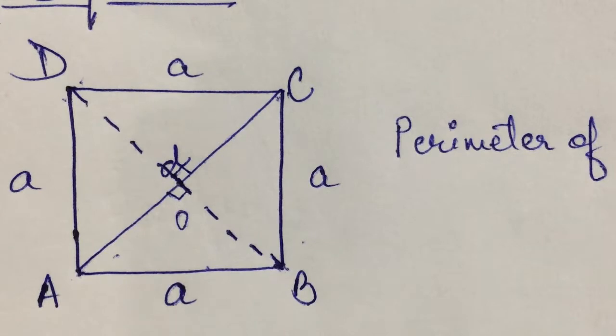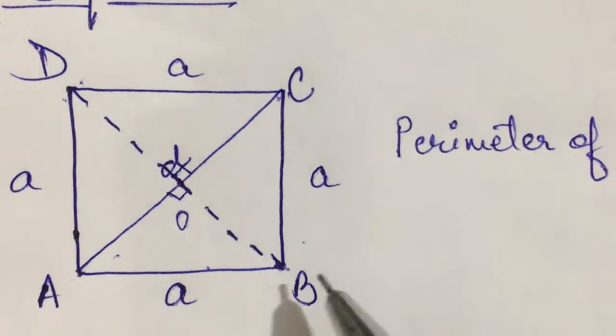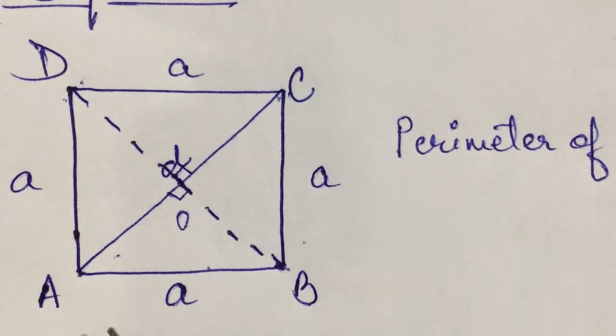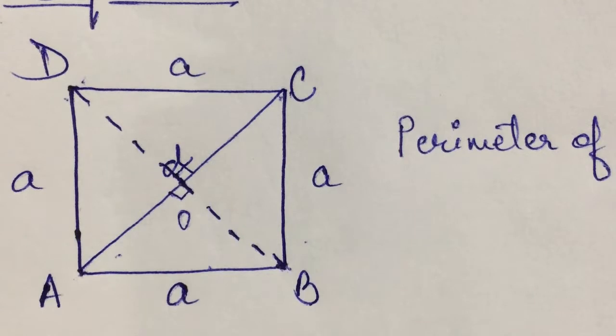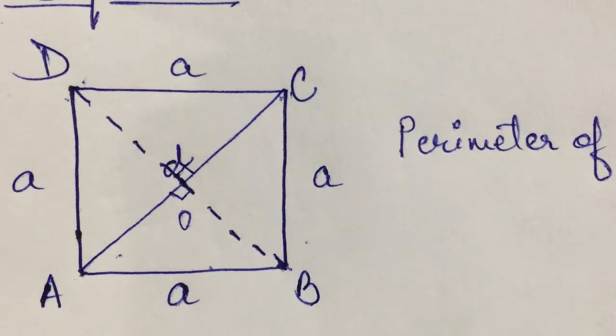Square is a quadrilateral in which all the sides are equal. As we know, a quadrilateral means a closed figure which has four straight lines. A figure bounded by four straight lines is called a quadrilateral. Square is a special type of quadrilateral in which all the sides are equal.